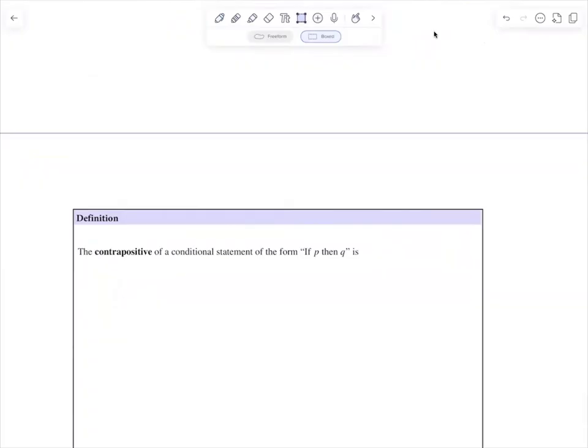The contrapositive of a conditional statement of the form if P, then Q can be written as if not Q, then not P. So this is called the contrapositive. P, then Q is your logical statement, implication. Its contrapositive is not Q, then not P.